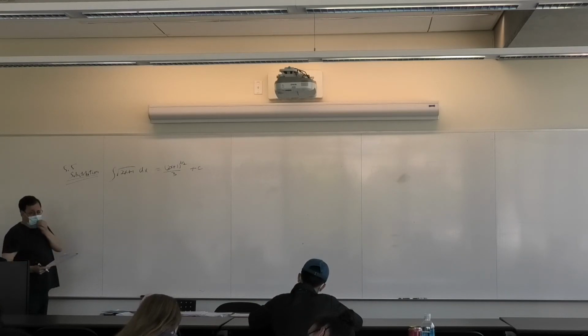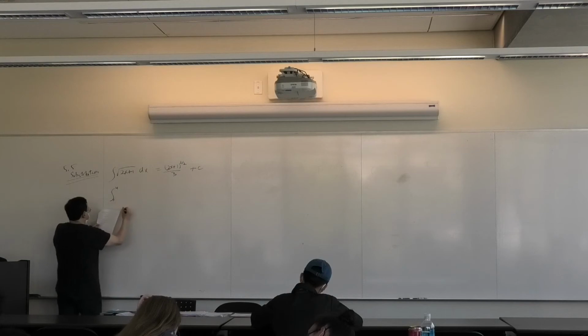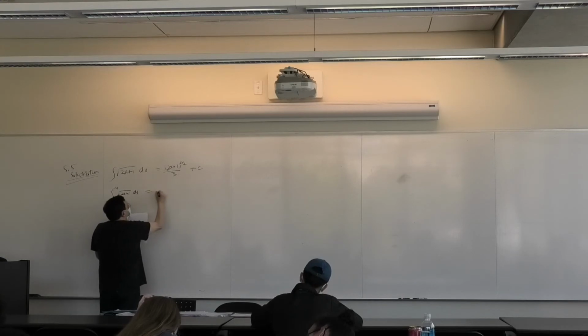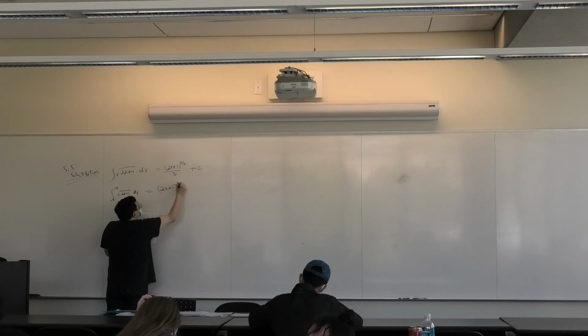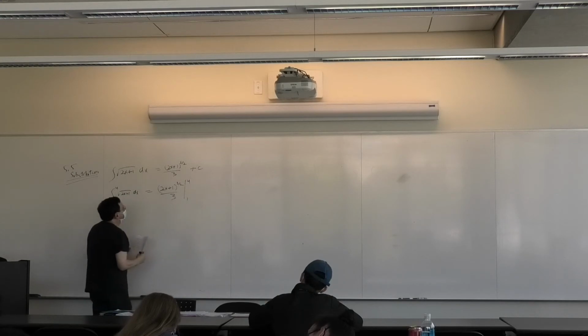So if I make that a definite integral, by now you should know that this is 2x plus 1 to the 3/2 over 3, evaluated between 1 and 4.